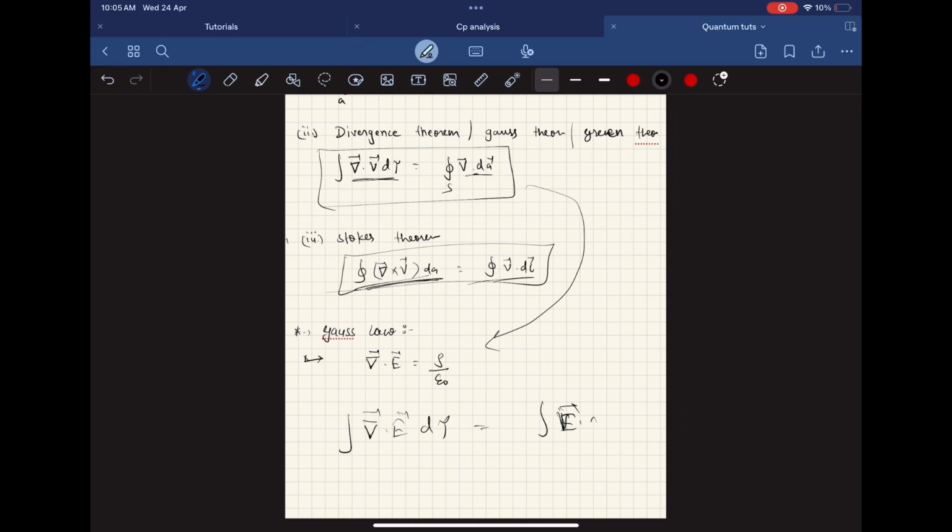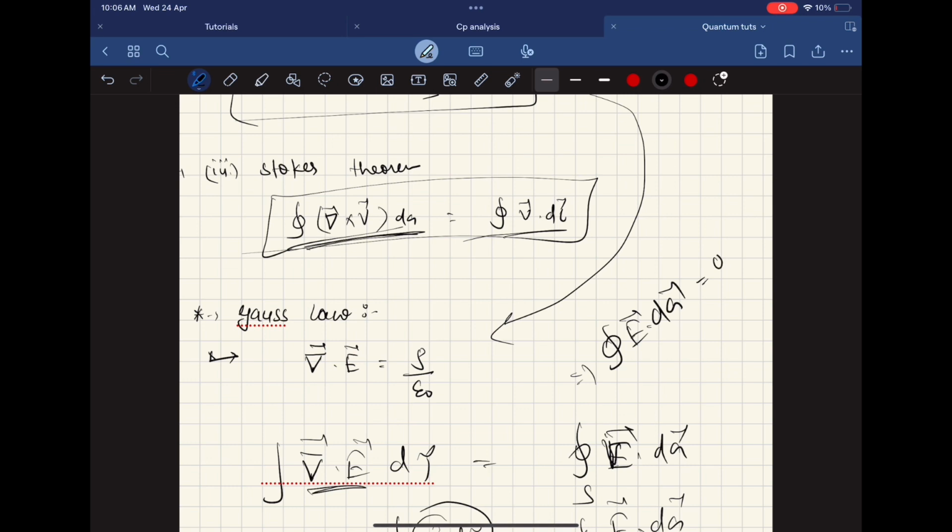The integral of rho over epsilon naught d tau equals the surface integral of E dot dA. What is rho d tau? This is Q enclosed. So here we get the integral form of Gauss law, E dot dA equals Q enclosed upon epsilon naught. So we have two formats of Gauss law: this one is the integral form and this one is the differential form.